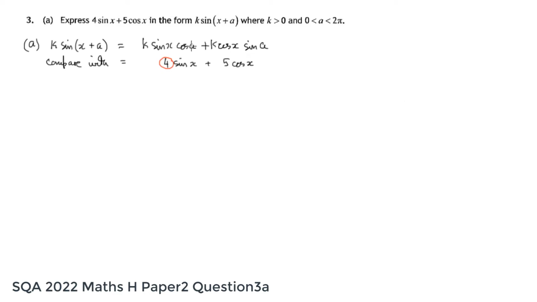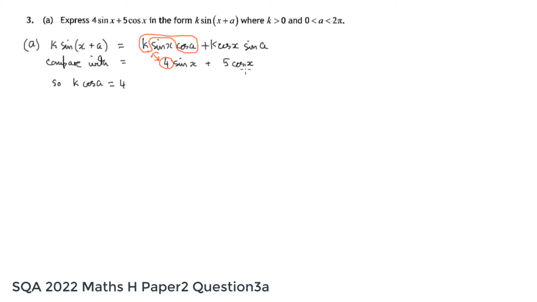And up in this expression, which is identical to this one, the number multiplying sine x is k times cos a. That's the coefficient of sine x. They must be the same. So our first conclusion here is that k cos a, that's the coefficient of sine x up here, must be equal to 4, the coefficient of sine x down in this expression. So there's the first thing.